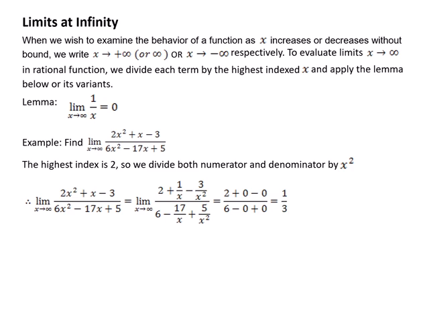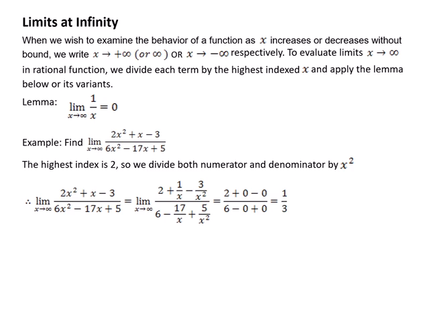Then looking at the denominator, we have 6x squared. Divide 6x squared by x squared, the answer is 6. We move to minus 17x. Divide minus 17x by x squared, we have 17 over x, and we divide the 5 by x squared, we have 5 over x squared.